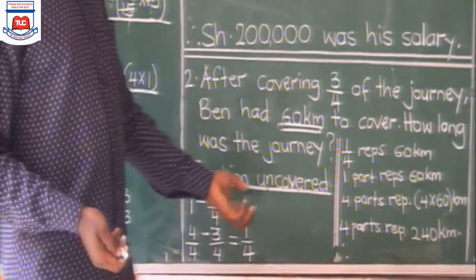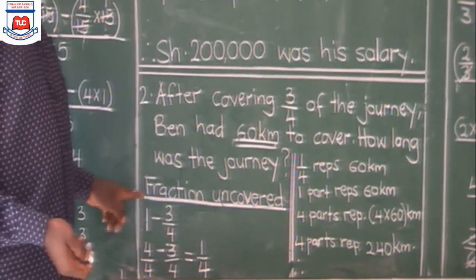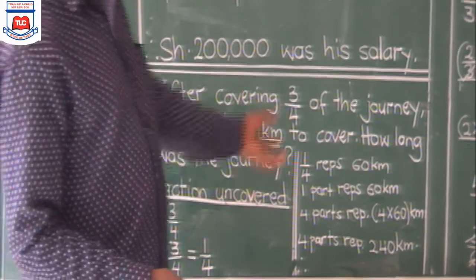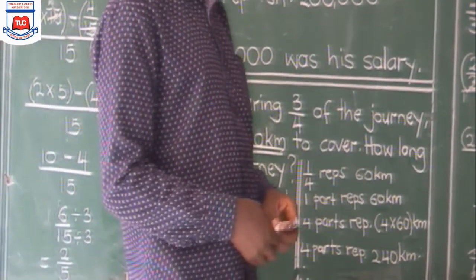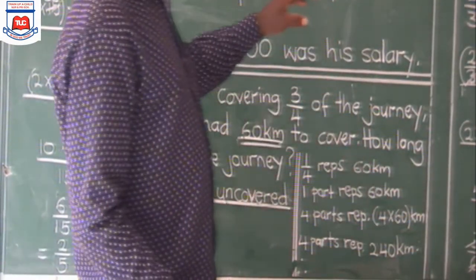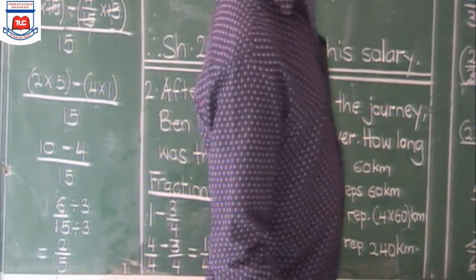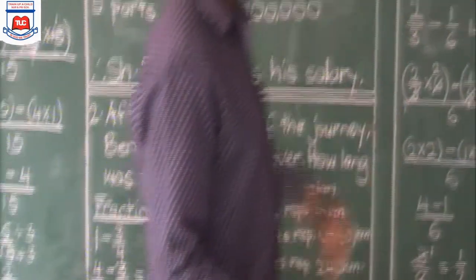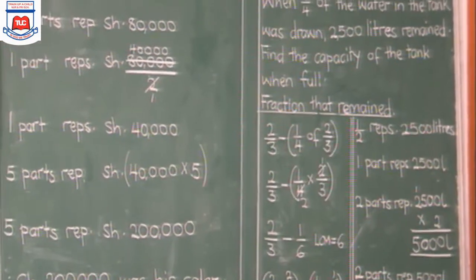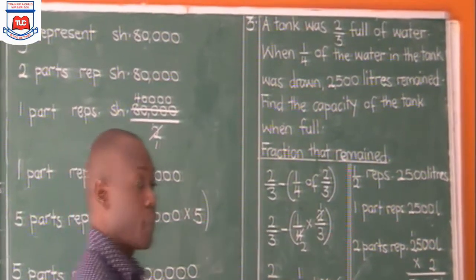Since 60 kilometers were yet to be covered, that's why you start by saying fraction uncovered. After getting it, it represents the 60 kilometers because both are in the same umbrella. Now, we shall go to example number 3.